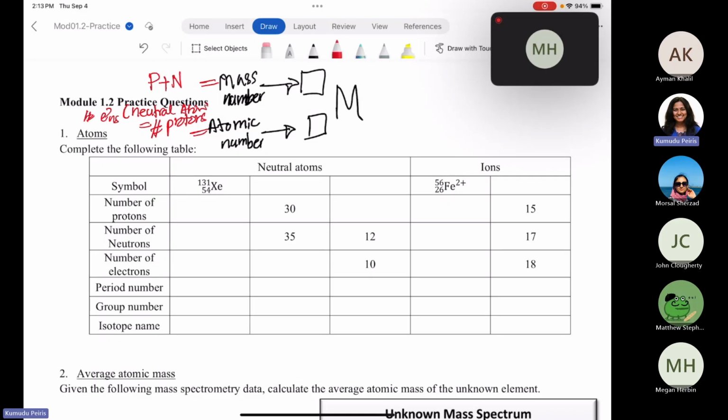No, I cannot generalize that, because when it forms an ion it can accept electrons or donate electrons. So the electrons will not be equal in an ion to its previous neutral atom.